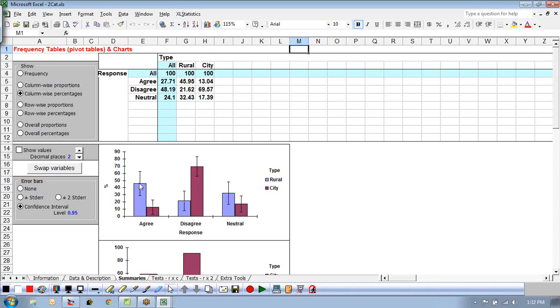We can see at a glance, for example, that the agree confidence intervals do not overlap. Therefore, we know that the differences between proportions of people who agree are different in rural and city. Okay? We also know that the proportions of people who disagree are different from rural and city.